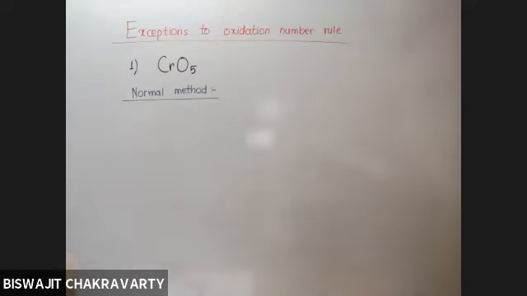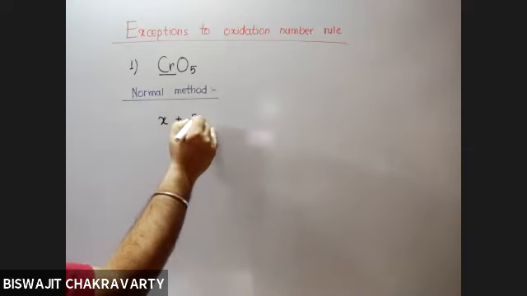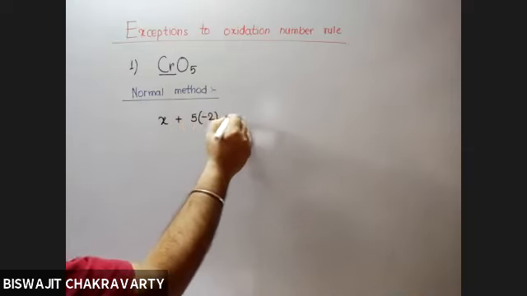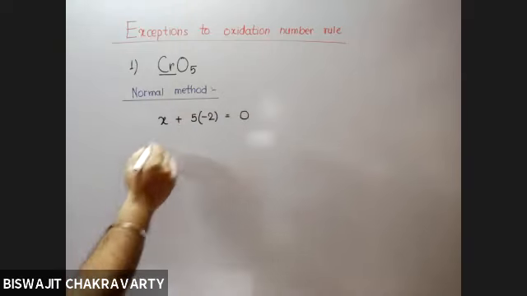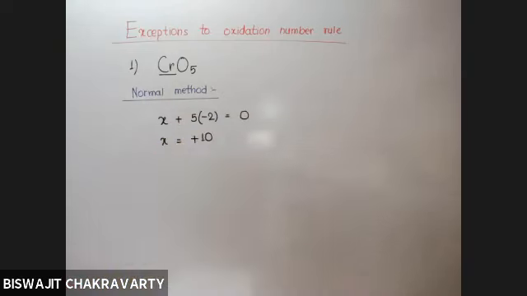Yes, sir. So with the help of oxygen, to calculate the oxidation number of chromium, let chromium be X. This will be X + 5 into -2 equal to 0. So X comes out to be +10 by the normal method.